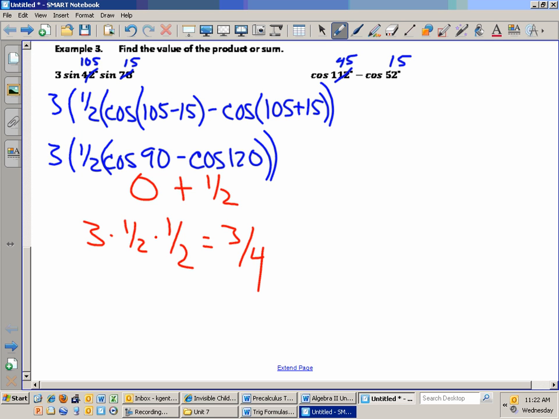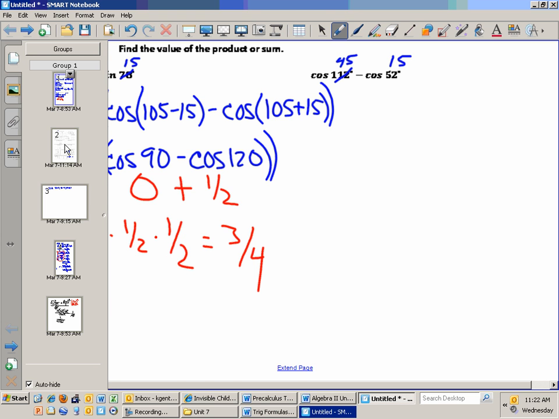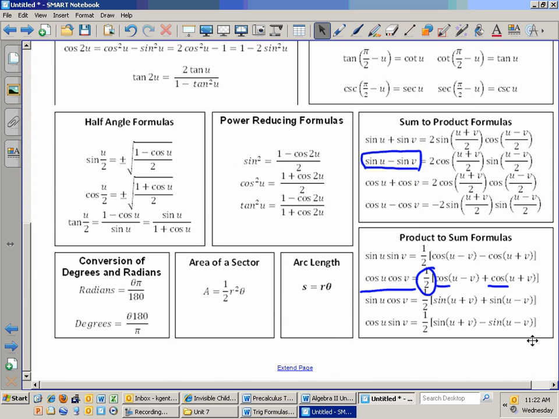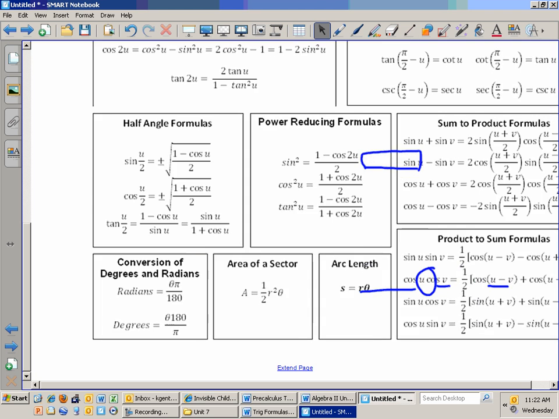Yes? I have a sine times a sine. So if I look here, sine times a sine is going to be this one right.